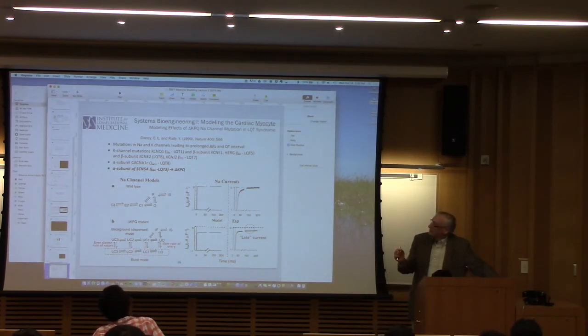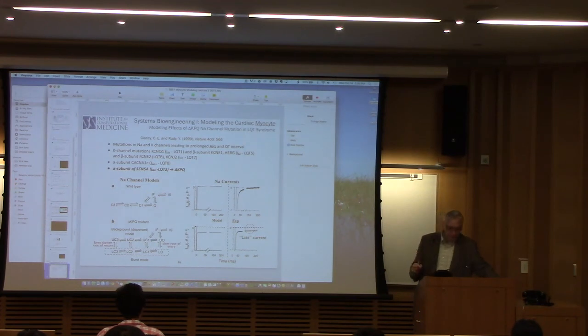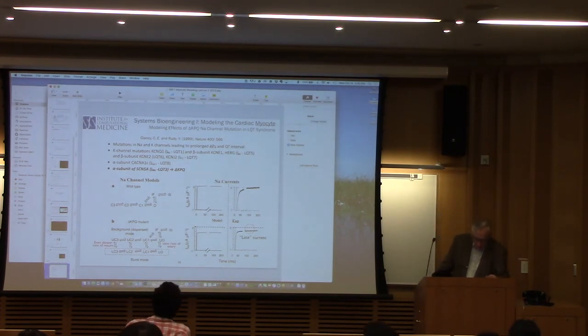The important thing that they did was to use data on the nature of the sodium current recorded from myocytes in patients with a genetic disorder known as long QT syndrome. Long QT syndrome is a complex genetic disorder that is multifactorial.